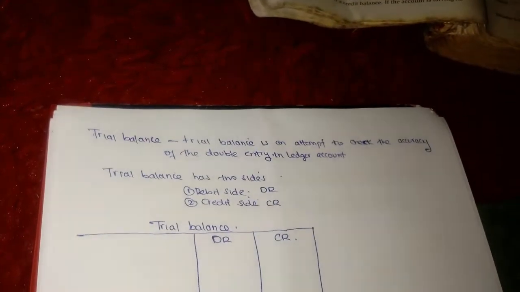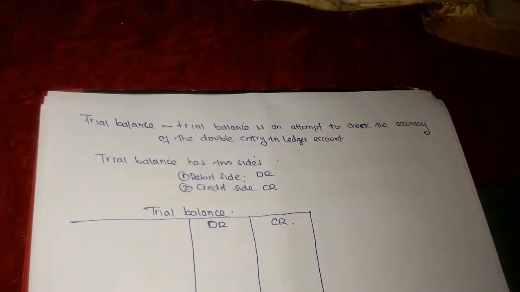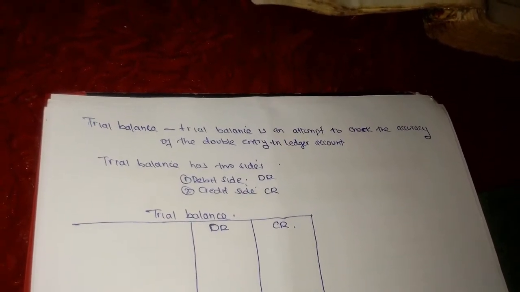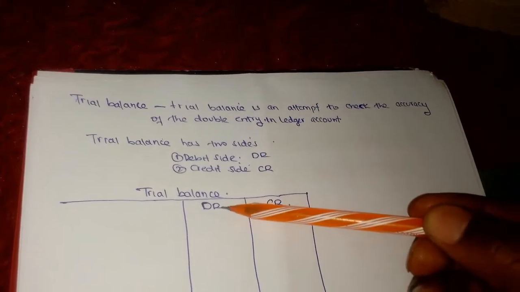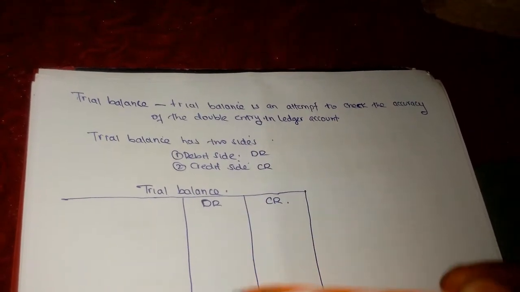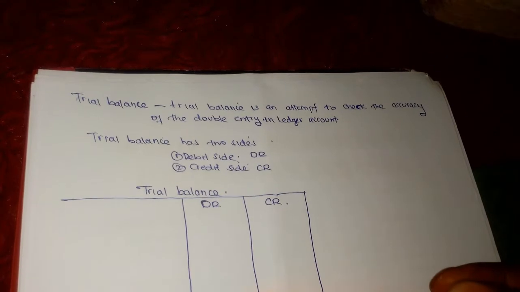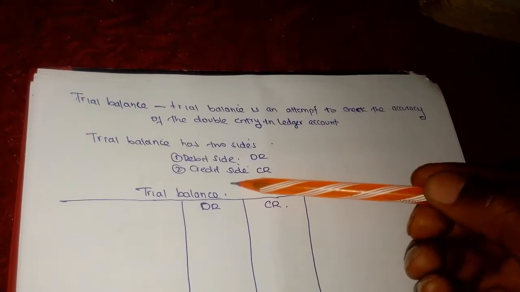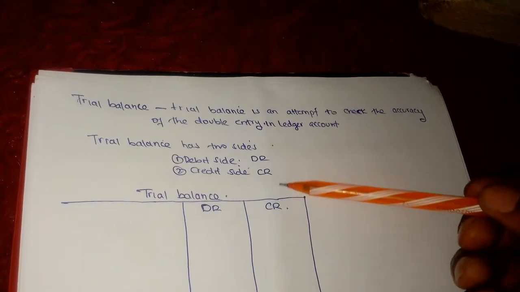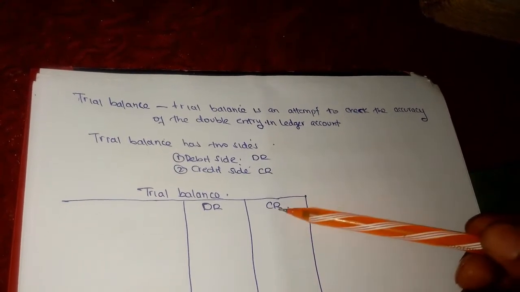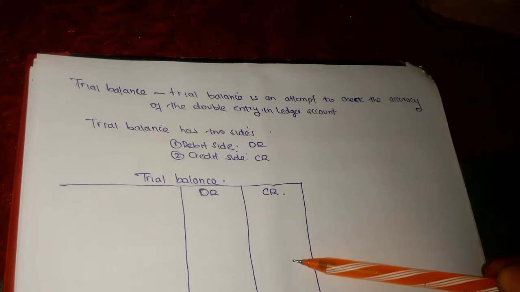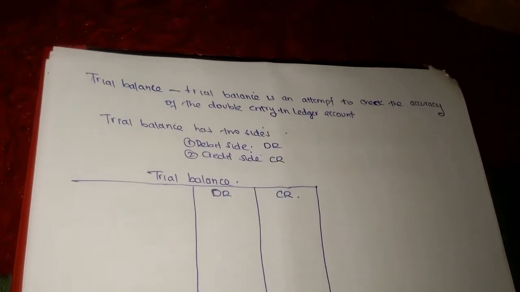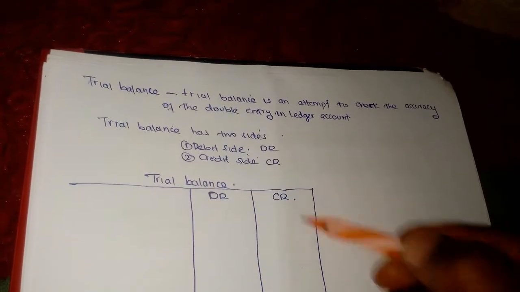For you to know this, remember that the debit side summarizes all the debit balance figures, while the credit side summarizes the credit balance figures. That is in ledgers.